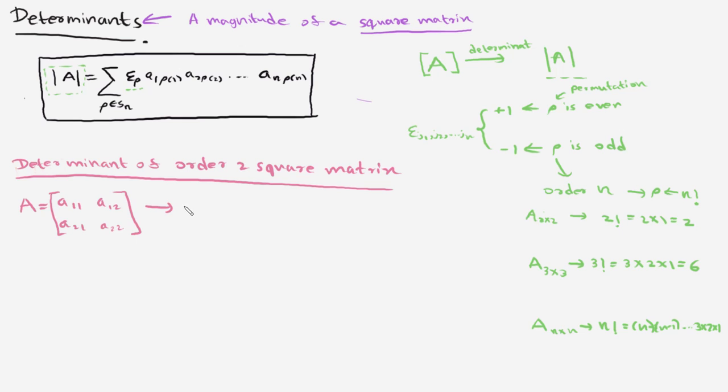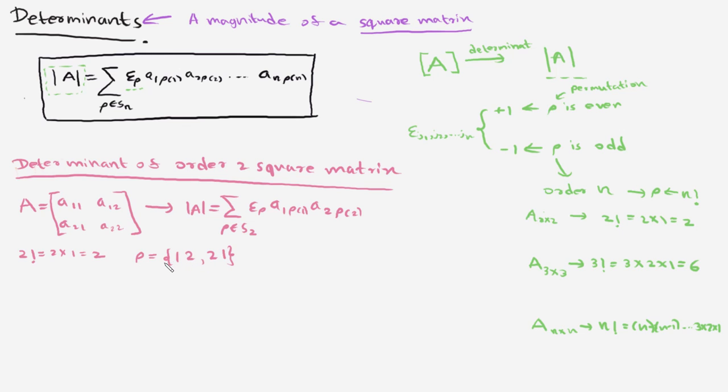So now we wanted to find out the determinant of A. The corresponding formula is sigma rho belongs to S2 because our order is 2, and epsilon rho, and the first row with their corresponding permutation values and the second row with their corresponding permutation values. Okay. So first let us write the corresponding permutation values. So we know that there will be 2 factorial permutations, which is 2 cross 1 equals 2. So the corresponding permutation set will be 1, 2 and 2, 1.